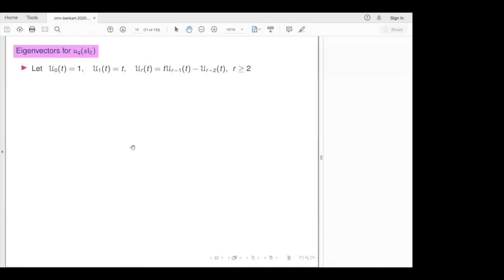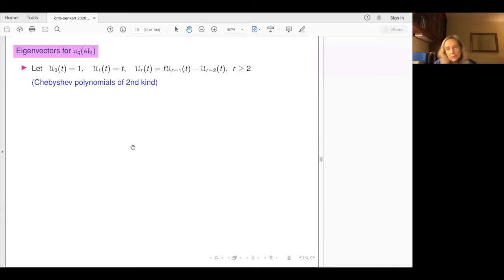Chebyshev? Yes. These are Chebyshev polynomials of the second kind. So the eigenvectors we can describe, these are column vectors here, by just taking these Chebyshev polynomials of the second kind and evaluating them at the eigenvalue, q^j plus q^{-j}.